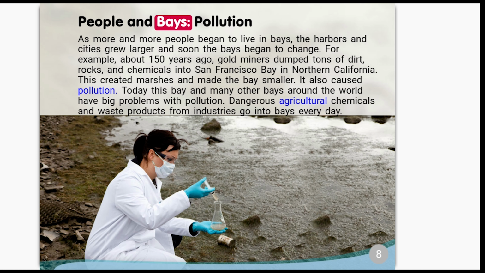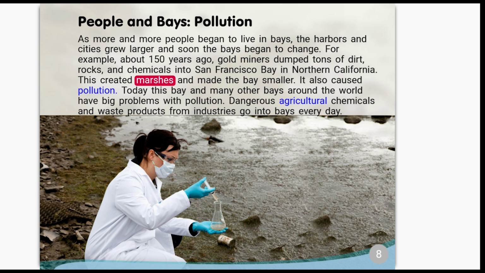People and bays. Pollution. As more and more people began to live in bays, the harbors and cities grew larger, and soon the bays began to change. For example, about 150 years ago, gold miners dumped tons of dirt, rocks, and chemicals into San Francisco Bay in Northern California.